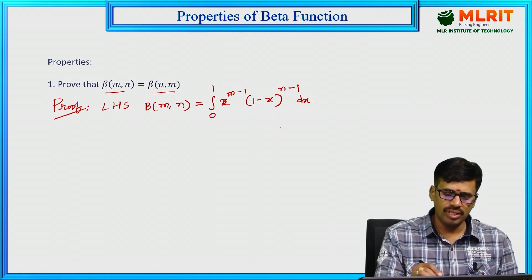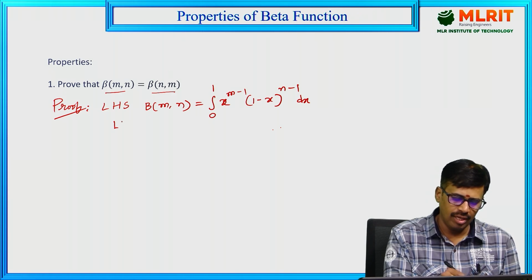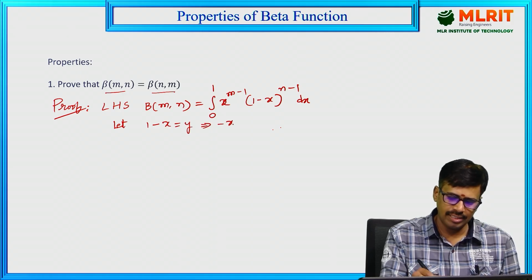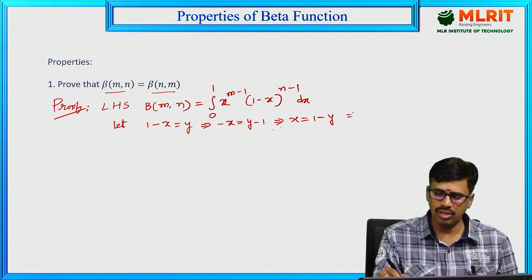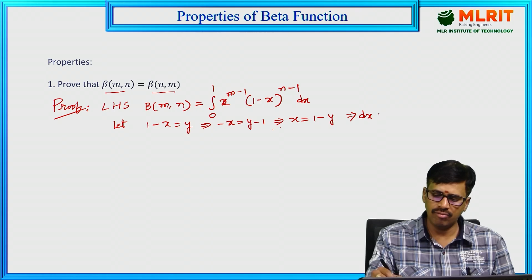To prove this result is same as beta of n comma m, let us take 1 minus x is equal to y. So, this implies minus x is equal to y minus 1, so x is equal to 1 minus y. If x equal to 1 minus y, if we differentiate both sides, dx is equal to minus dy.